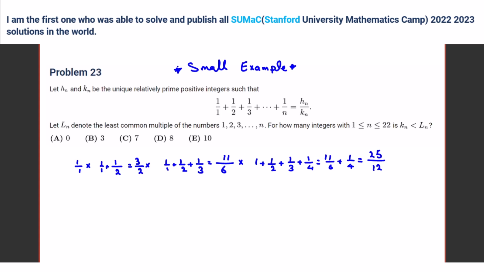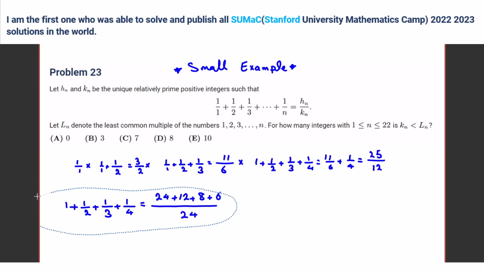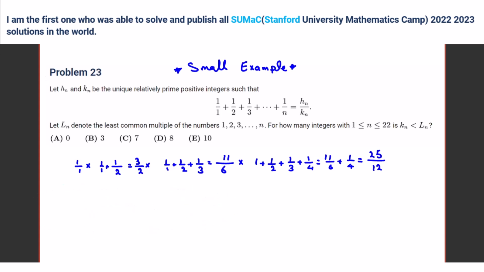Here, when we consider 1 plus 1 over 2 plus 1 over 3 plus 1 over 4, the common denominator is 12. LCM is 12. So again, 4 doesn't work, right?